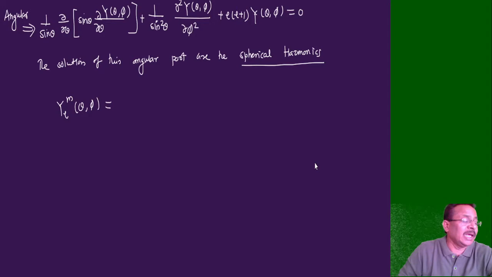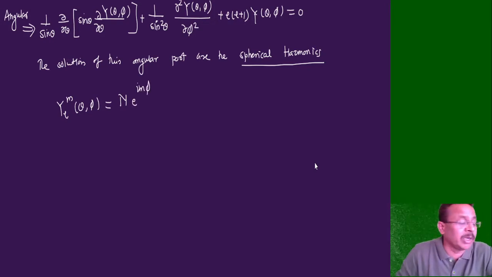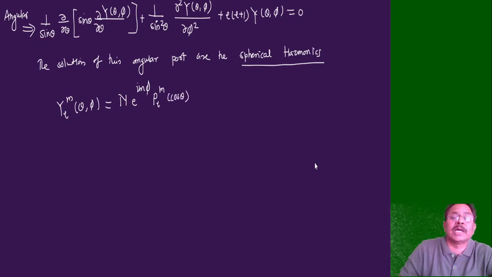Y of L m theta phi is given by some constant N, the normalization constant, times e to the power i m phi. This is the solution called the phi part solution, and the solution of the remaining part is P L m of cos theta, and this is your associated Legendre polynomial.